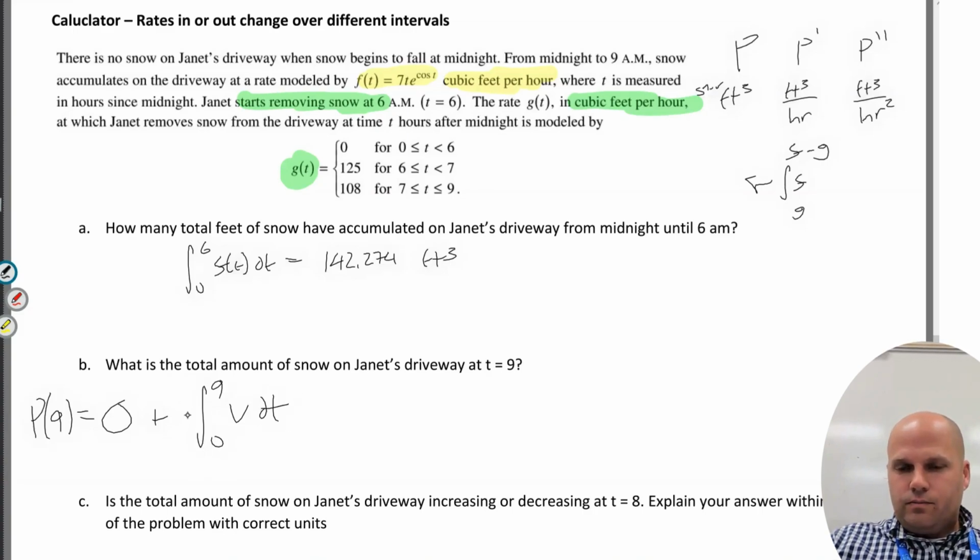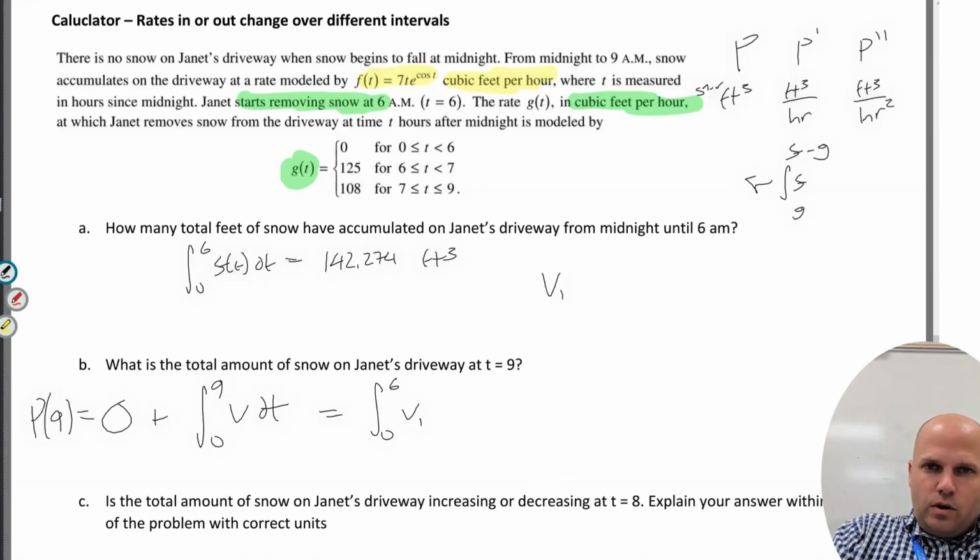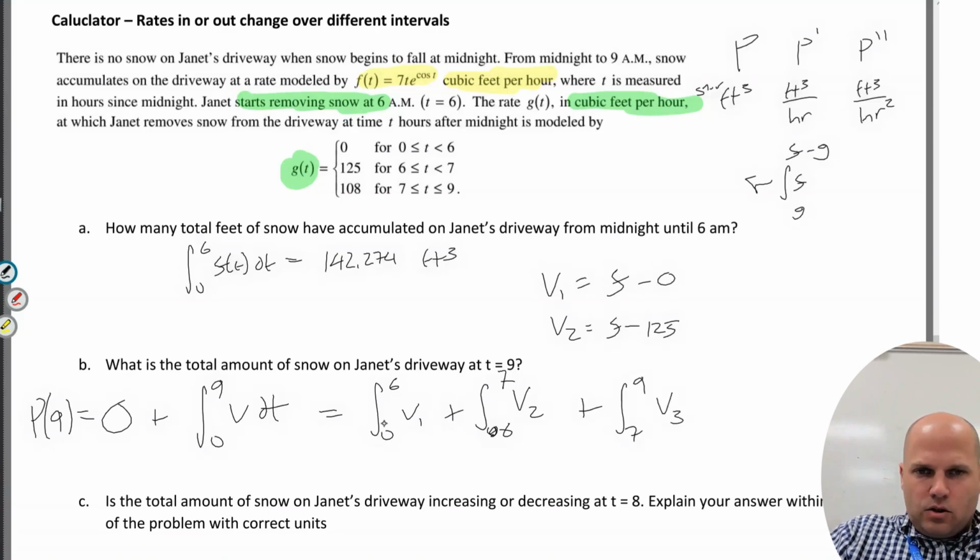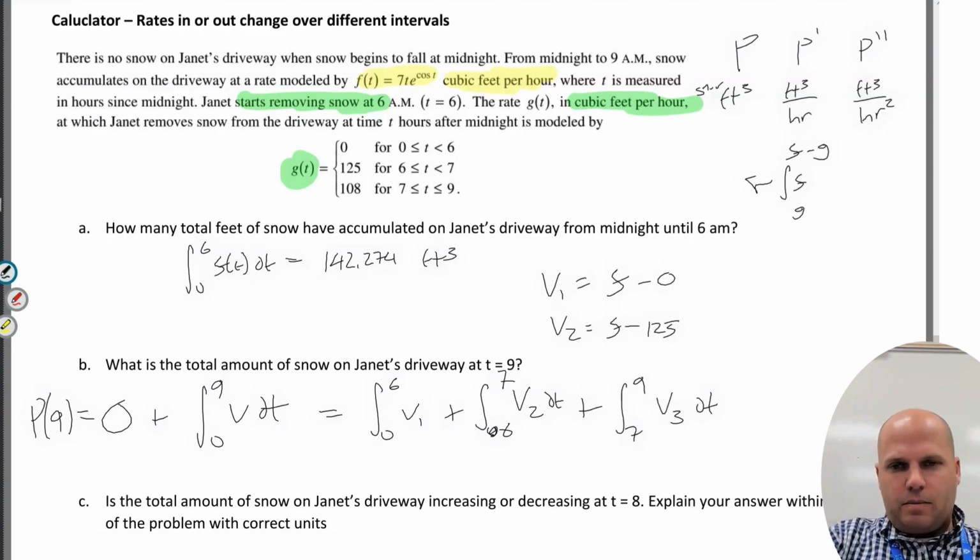However, the only way to do that is to go from 0 to 6 of V1, where V1 is F minus 0, and then add 6 to 7 of V2, where V2 is F minus 125. And then from 7 to 9, we have V3. So it's important to understand that we have to separate things out. If you don't, you're not going to be able to get an answer.